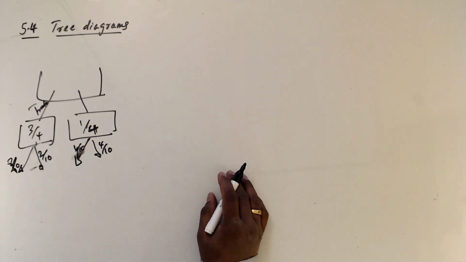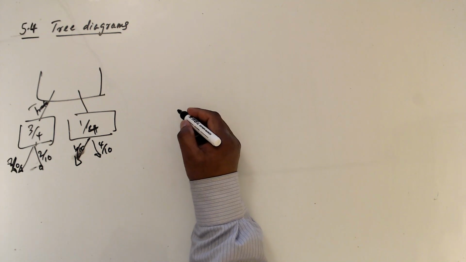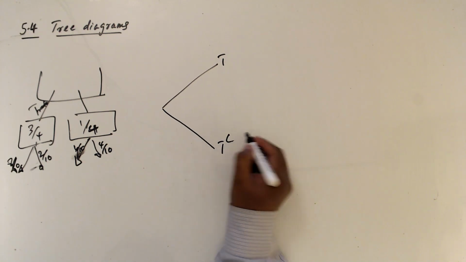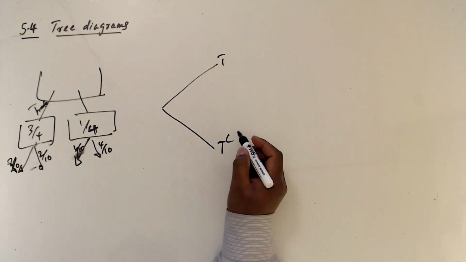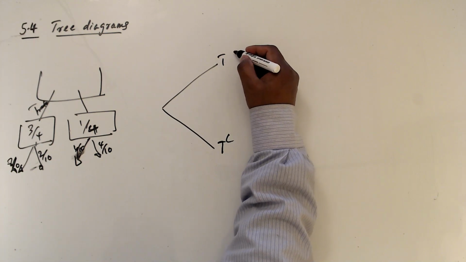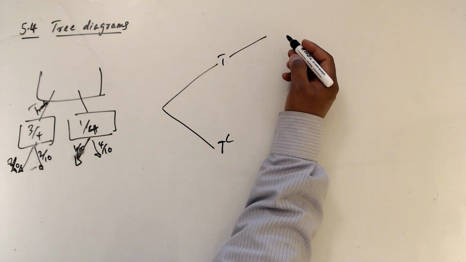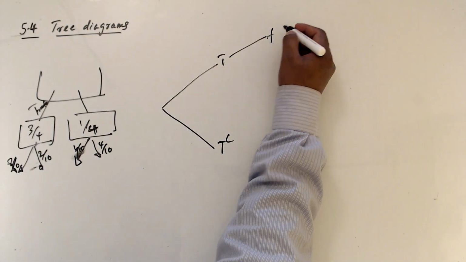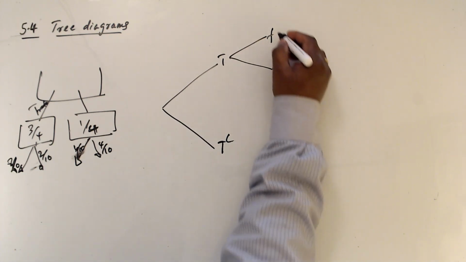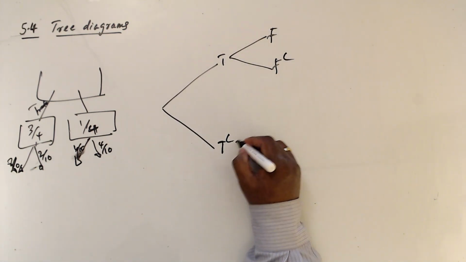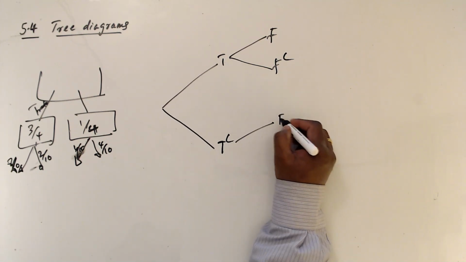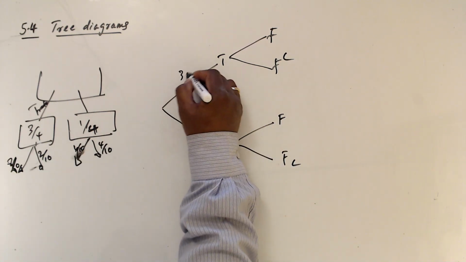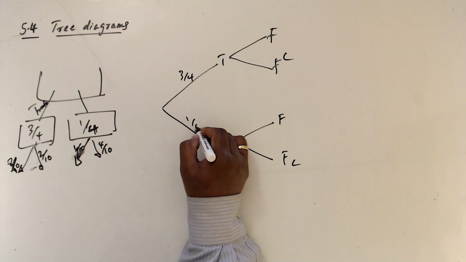So we'll show this in a tree diagram. There are two types of seed, treated and non-treated (T complement), and then the flower: F for flower and F complement for non-flower. Treated is 3 over 4, non-treated 1 over 4.